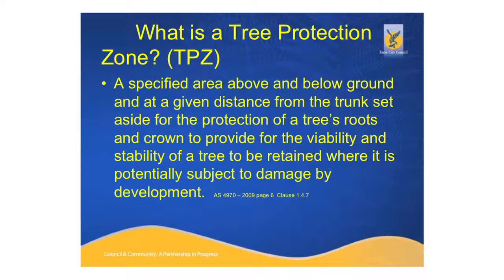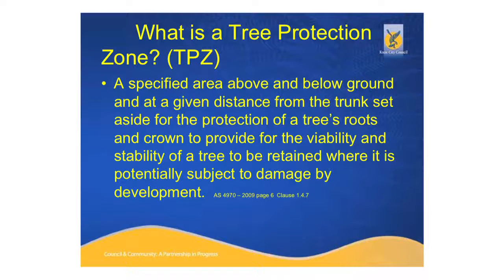Well, the Australian Standard says that it is a specified area above and below ground, and at a given distance from the trunk set aside for the protection of a tree's roots and crown, to provide for the viability and stability of a tree to be retained where it is potentially subject to damage by development.